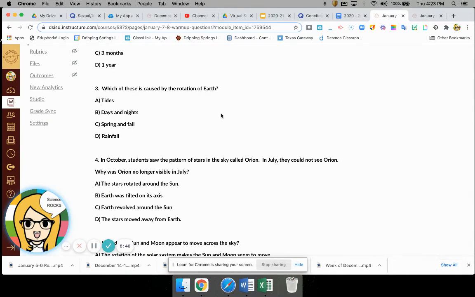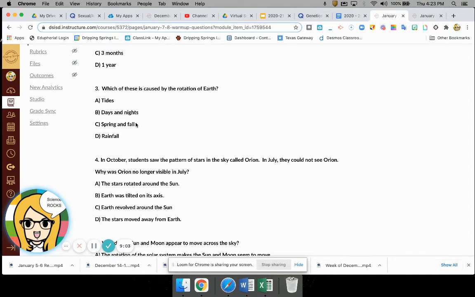Which of these things is caused by Earth's rotation? Only one thing is caused by Earth's rotation as far as these things go, and that would be days and nights. Rotation of Earth on its axis causes day and night. Tides are caused by the gravitational pull of the moon, the interaction of the moon and the Earth together.